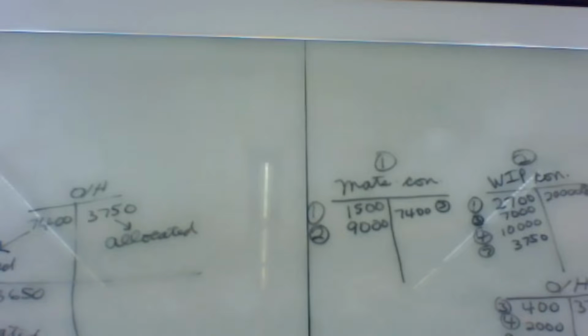And again, it's just because this overhead allocation rate was based on budget figures. It was an estimate. So we've got to get rid of that 3,650.